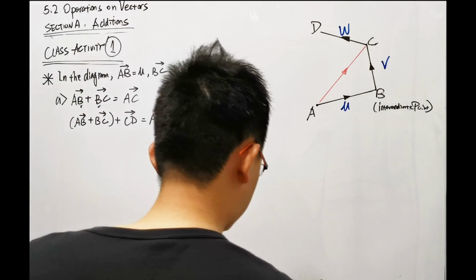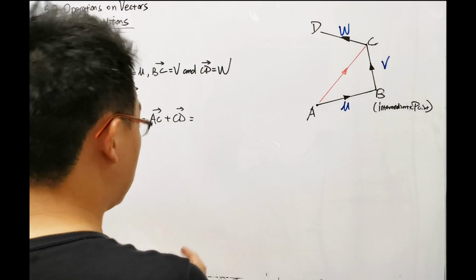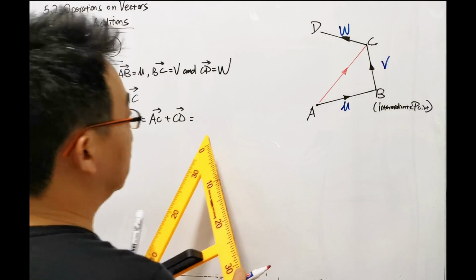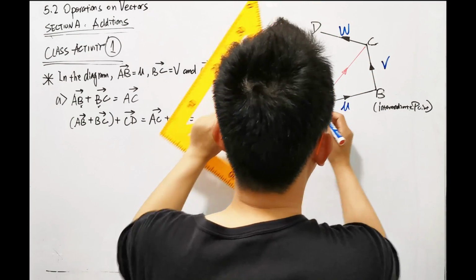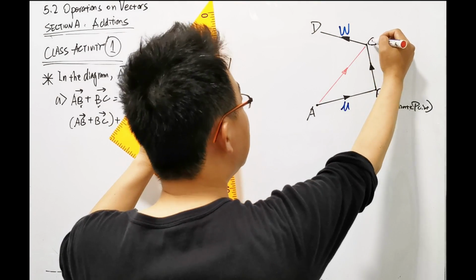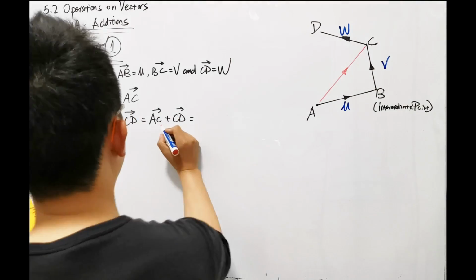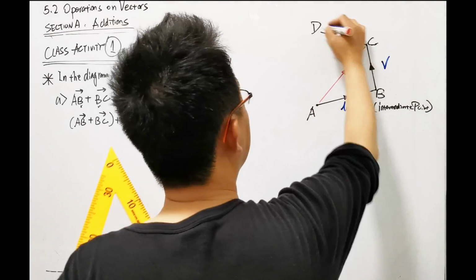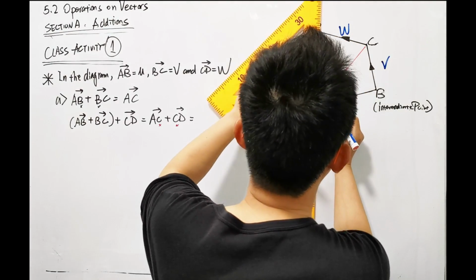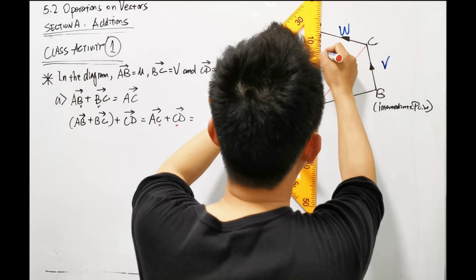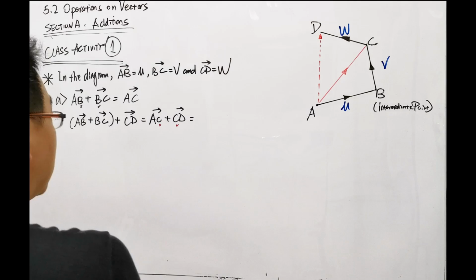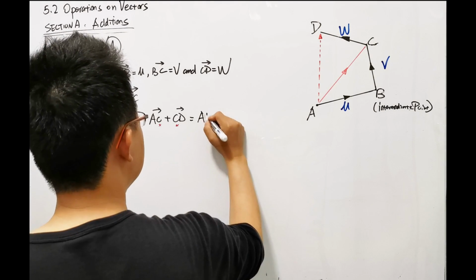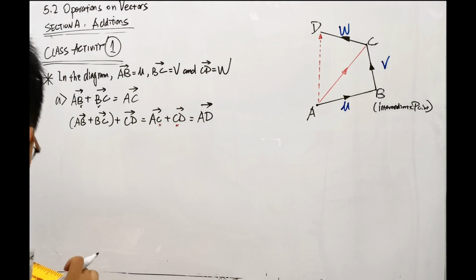We will use a lot of triangles. This is the starting point, C becomes the intermediate point, then D is the ending point. So we just join these two together, and we get AD. So we're going to answer AD.